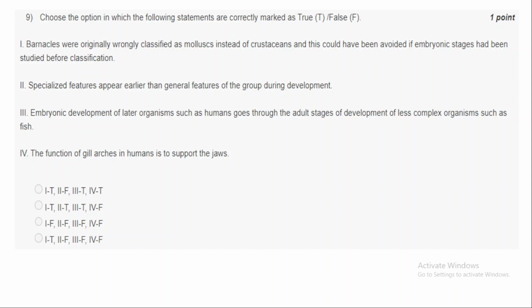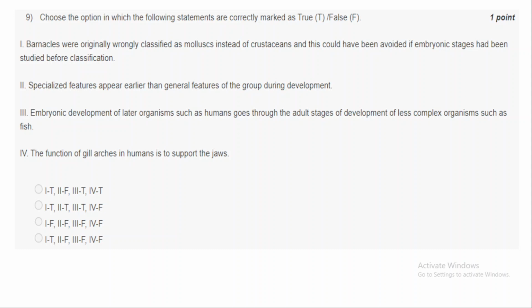So at some point earlier in the embryonic development, the later organisms or higher organisms take a different course of development, from where they diverge. If you follow von Baer's laws, for organisms sharing common ancestry, the earlier stages of development are conserved.